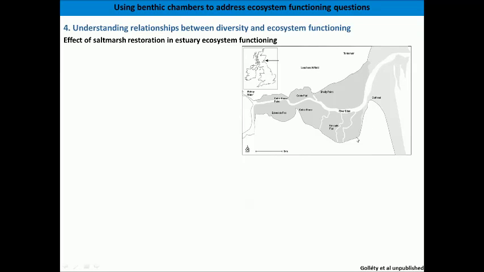It used to be covered in salt marsh, but now on the south shore it's restricted to this small area, and it is now used as a donor for transplanting salt marsh plants at these locations. We know that in terms of habitat structure, the restoration is successful, but we had limited understanding of how the biodiversity and the ecosystem functioning might be restoring.